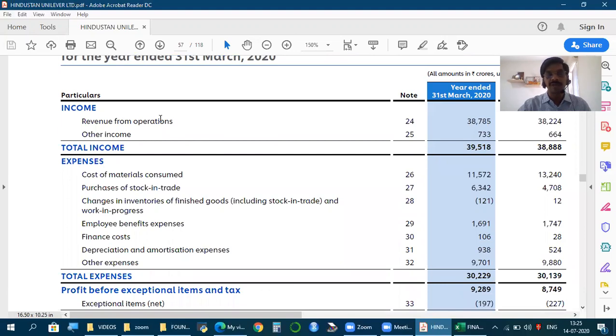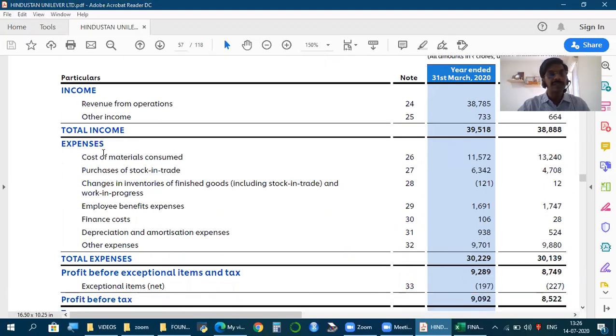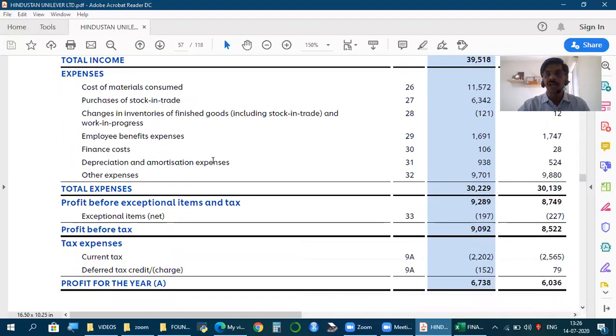So we would have revenue from operations, other income, then expenses: cost of material consumed, purchase of stock in trade, change in inventory, opening inventory minus closing inventory, employee benefit expenses, finance cost, depreciation and amortization, other expenses.